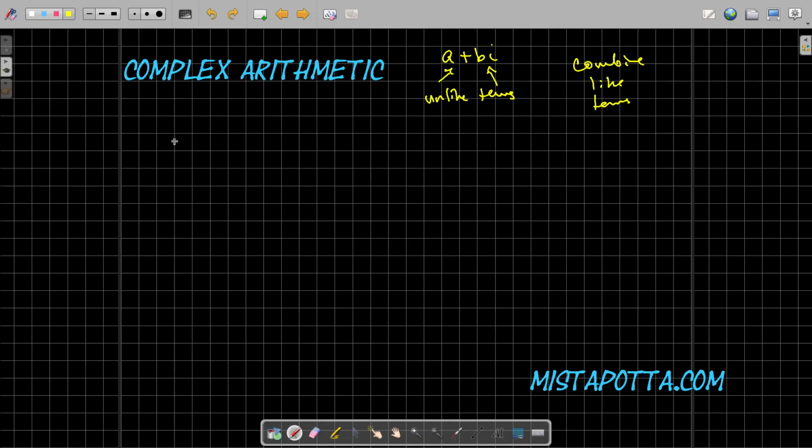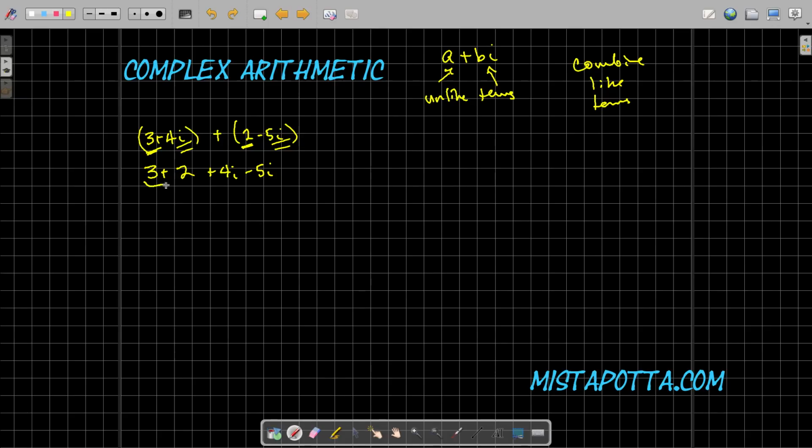So if I had two numbers that I wanted to add, like 3 plus 4i added to 2 minus 5i, then I want to consider my real terms and add them together, 3 plus 2. And then I want to consider my imaginary terms and add them together, 4i minus 5i.